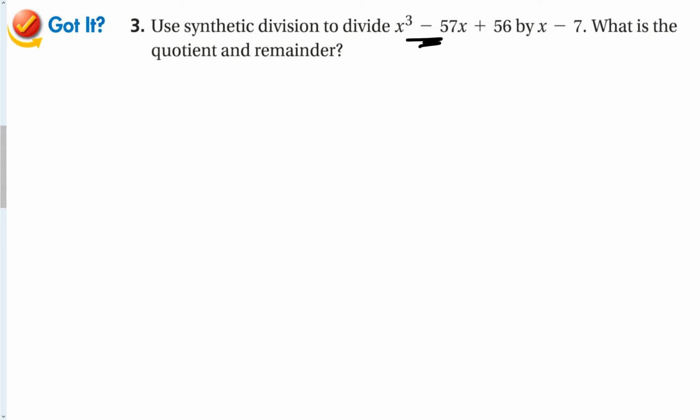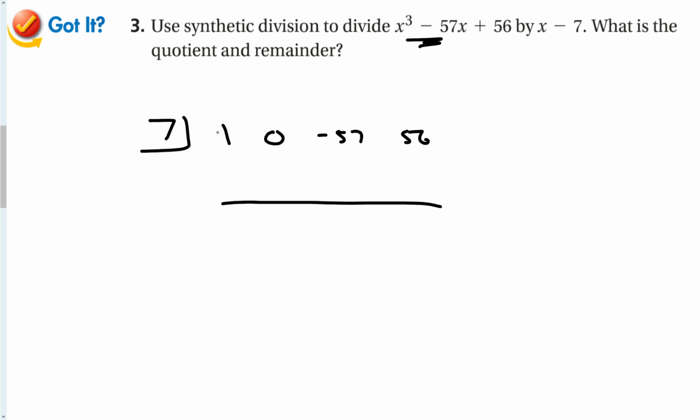Notice that there's a missing term. X squared is missing. We can still use synthetic division. I'm going to put a positive 7, the opposite sign, here. But if I just do this, I'm going to get the wrong answer. I need to put in the 0 for x squared.